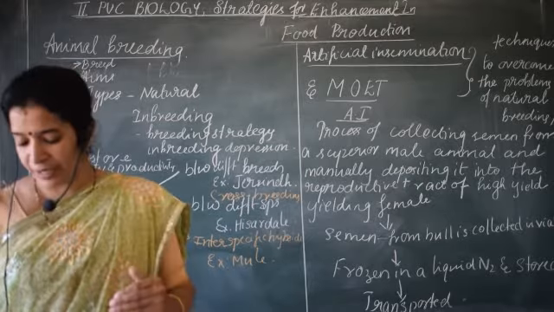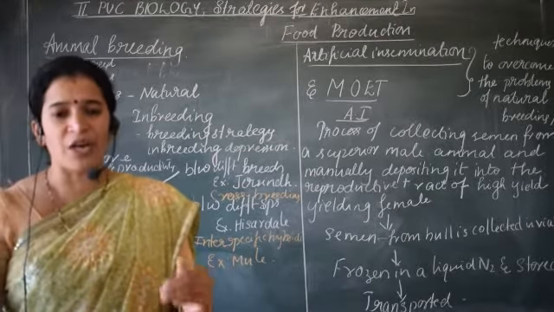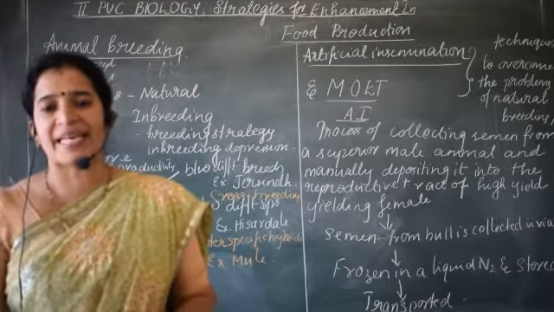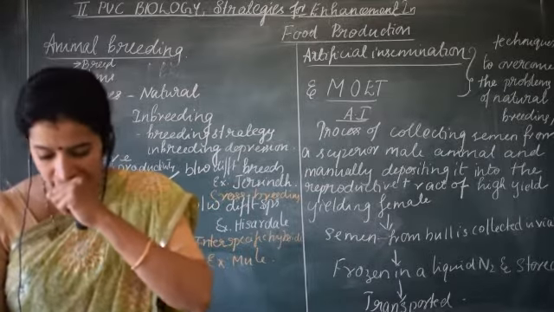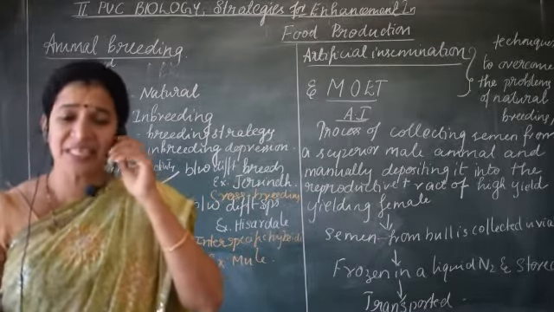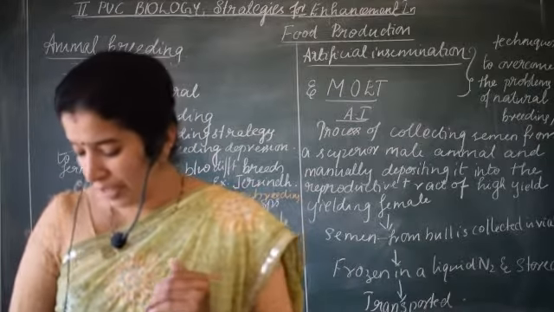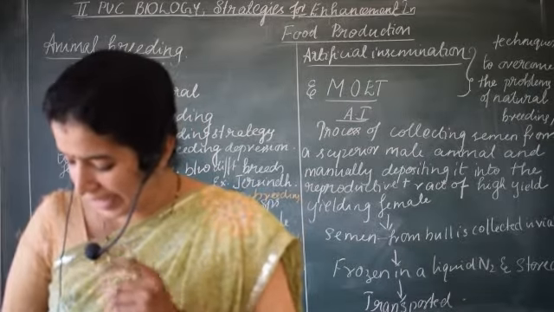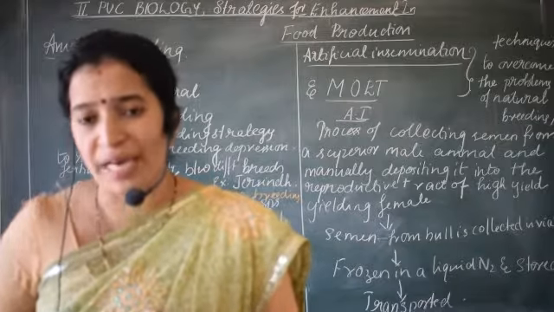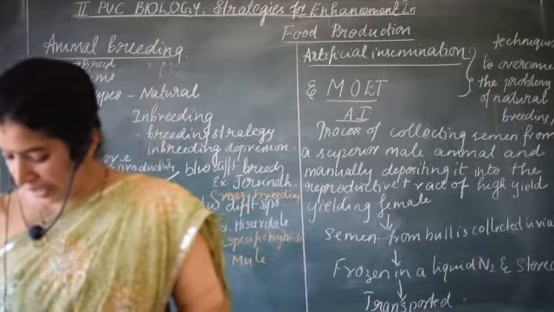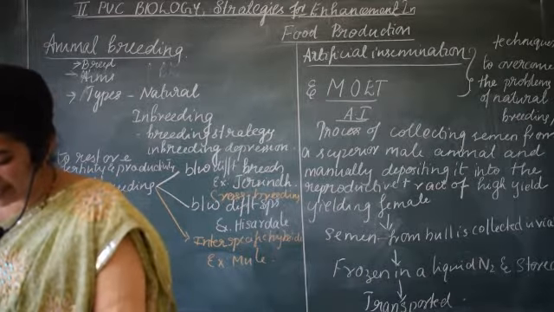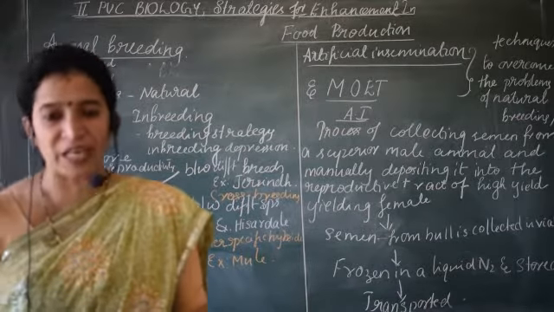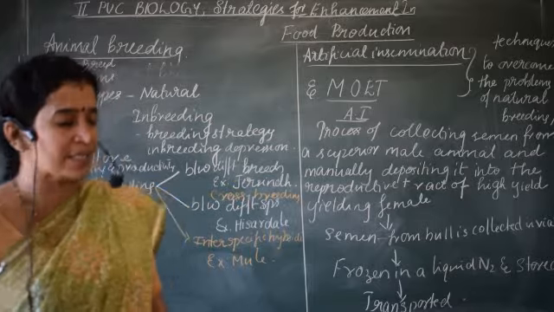Inbreeding means mating of closely related animals within the same breed, having common ancestors. Breeding between individuals within the same breed for 4 to 6 generations is what we call inbreeding.